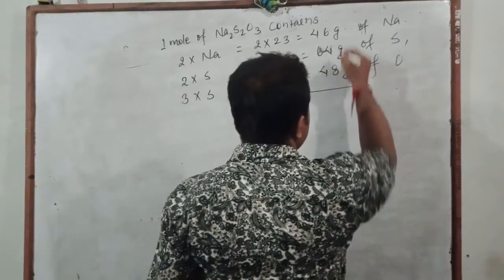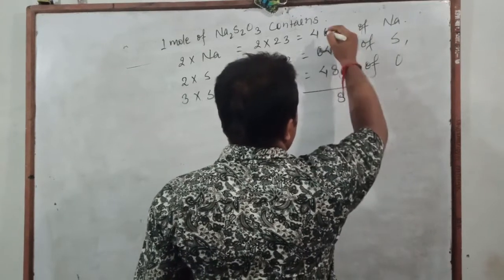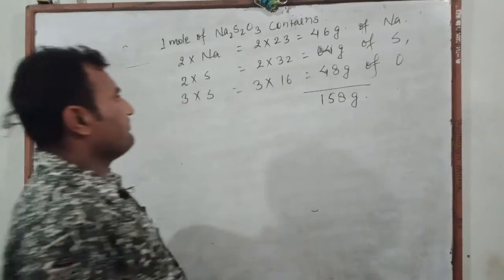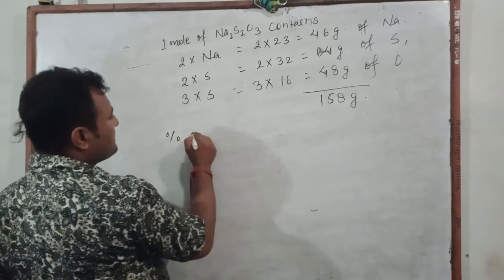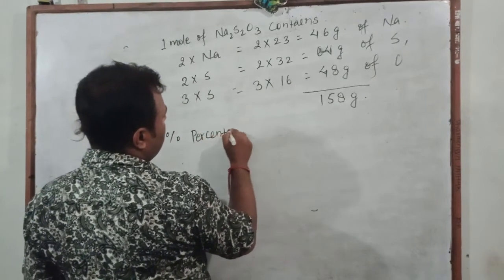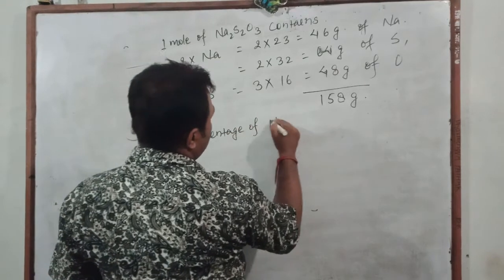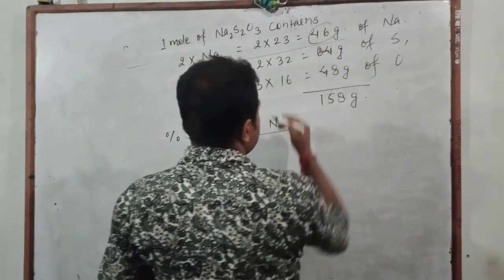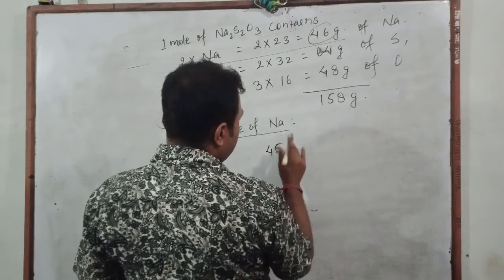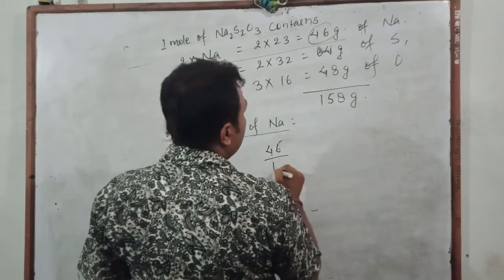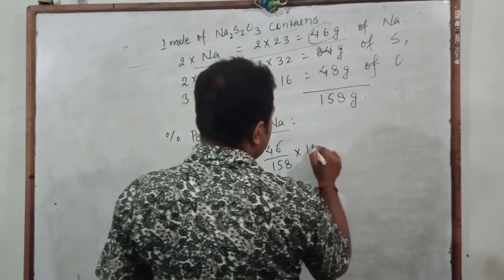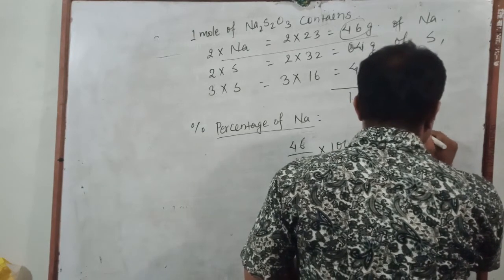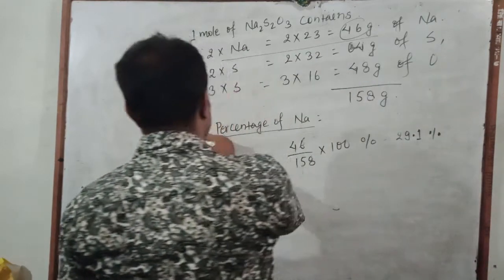The total mass is given as 158. At first, the percentage of sodium is equal to the mass of sodium, 46, divided by 158 into 100%, and we find that 29.1% of sodium is contained.